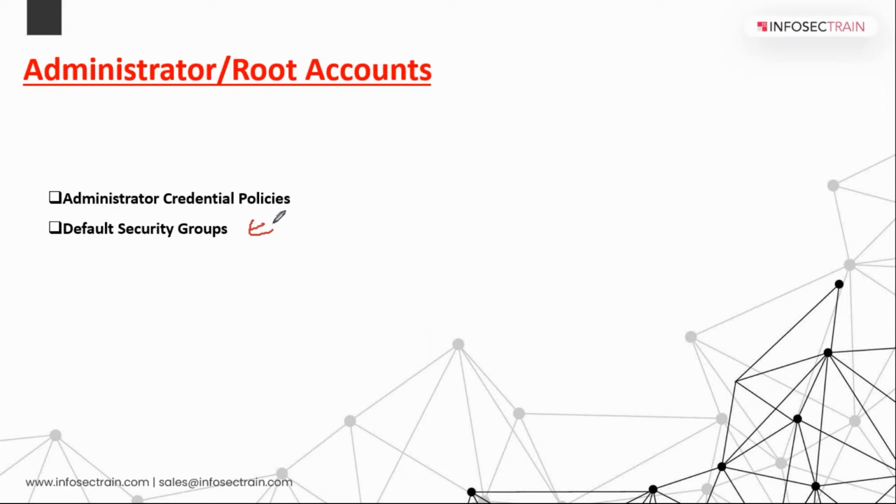If I am in an admin team, I will be creating a group, managing them and providing certain privileges, or I am giving the privileges for each and every user. Right? So what we will be doing is creating certain default security groups. Let's say there are 50 employees: 20 employees working in a VA team, 20 employees working in your SOC team.